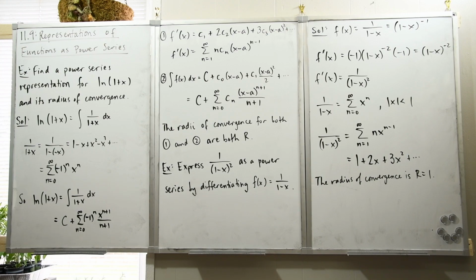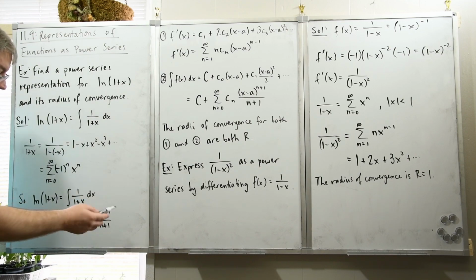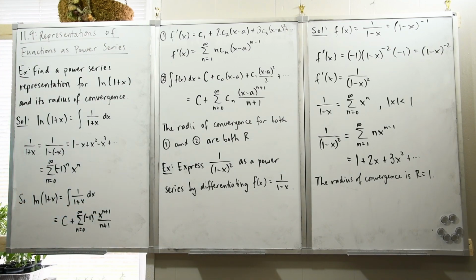Now, if you wanted to write this a little bit differently, you could start the index at 1, and then you would have negative 1 raised to the n minus 1 times x to the n over n, but that's not that big of a deal. Radius of convergence, still going to be 1 in this case.